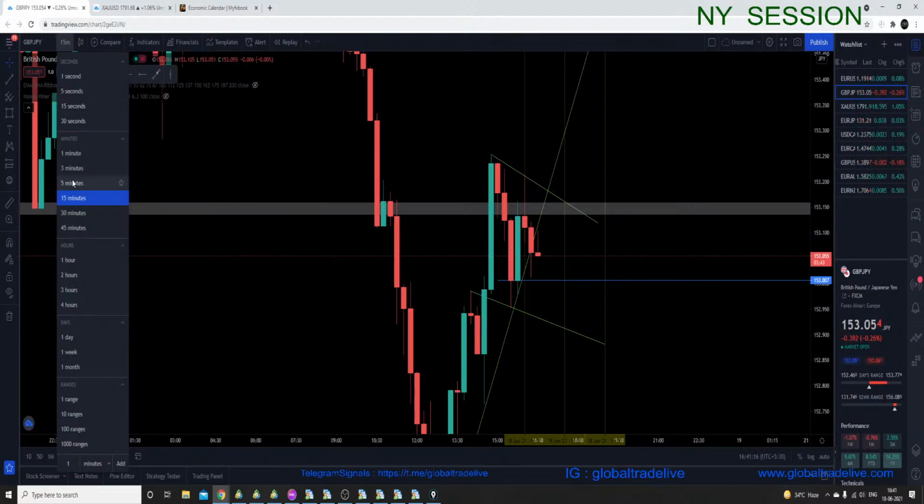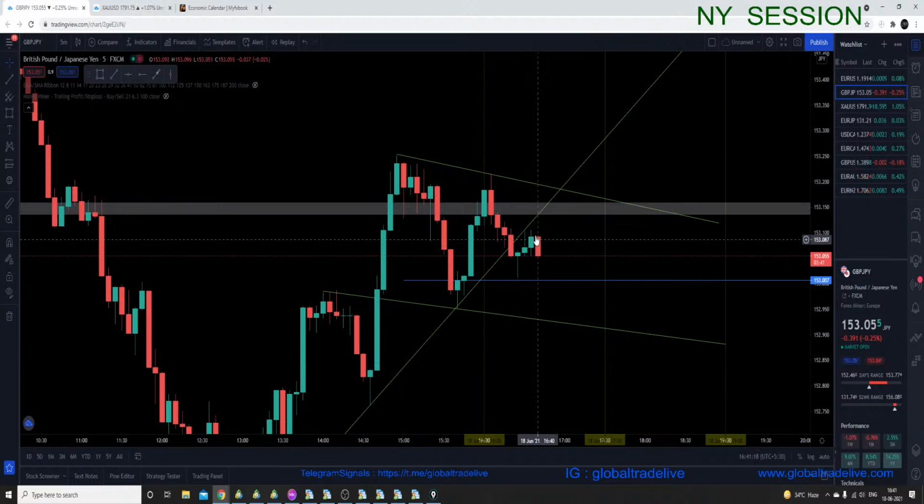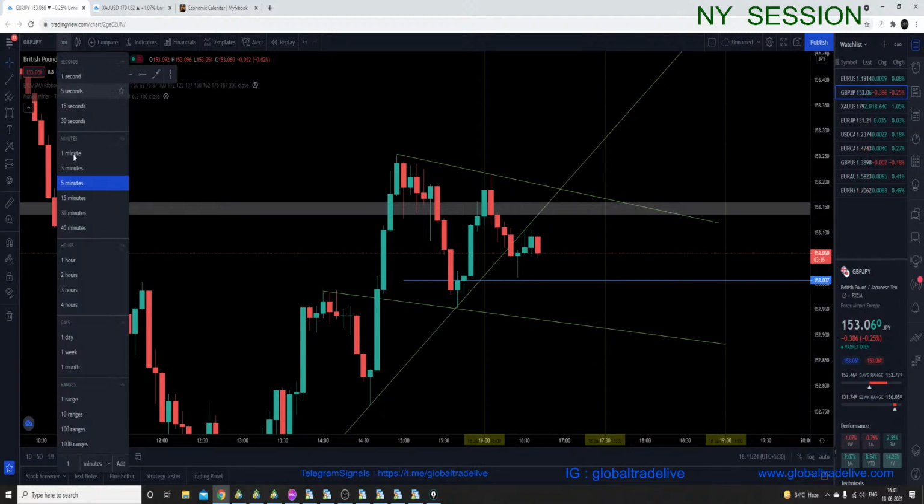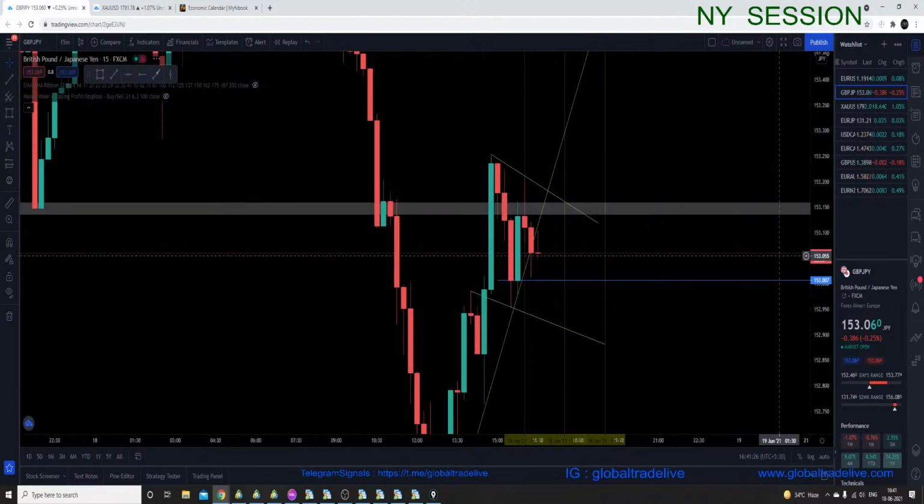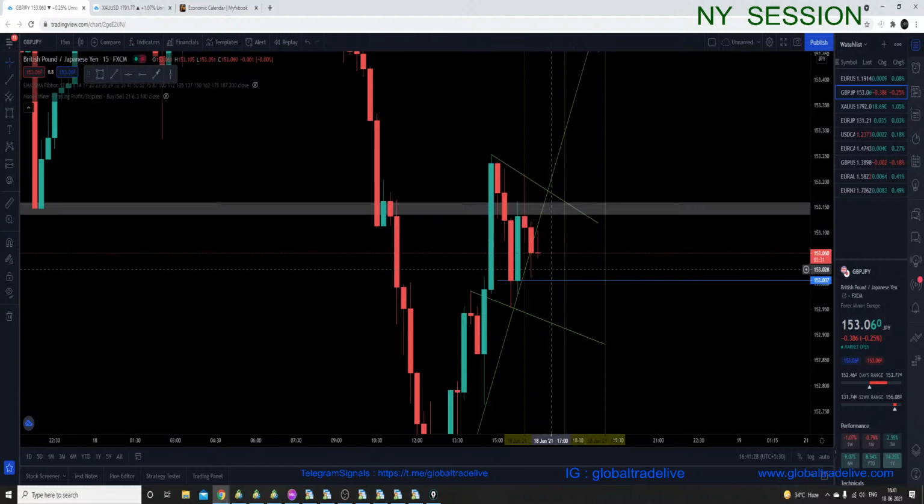It's coming down. This 5-minute candle broke the low. I'll wait for the 15-minute candle to close because it has only 3 minutes left, and earlier these candles rejected this area, so that's why.